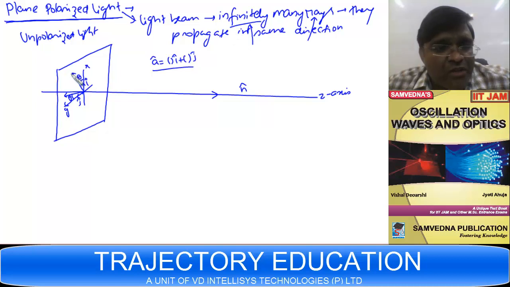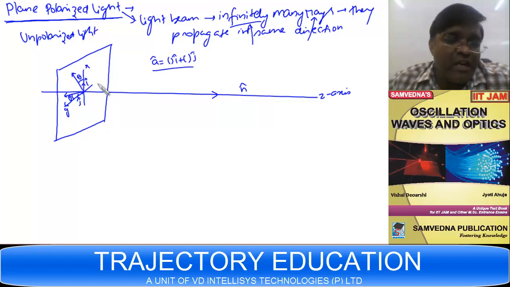If I ask you the number of rays having the field vector in this direction, and the number of rays having the field vector in that direction, these would be equal, because every direction is equally probable. I can say the rays are equally divided in all the possible directions. That is based on probability, since none of the directions is preferable, provided they are all confined to this plane.